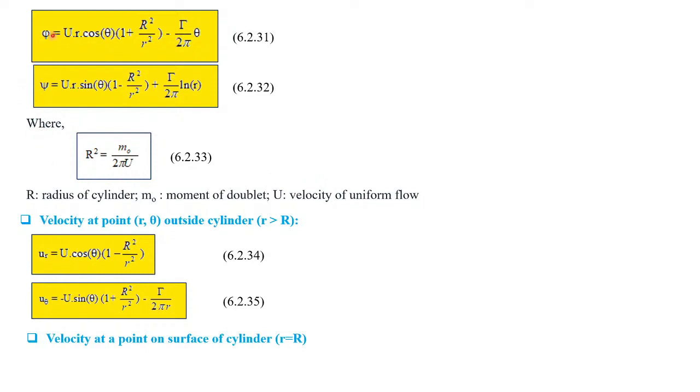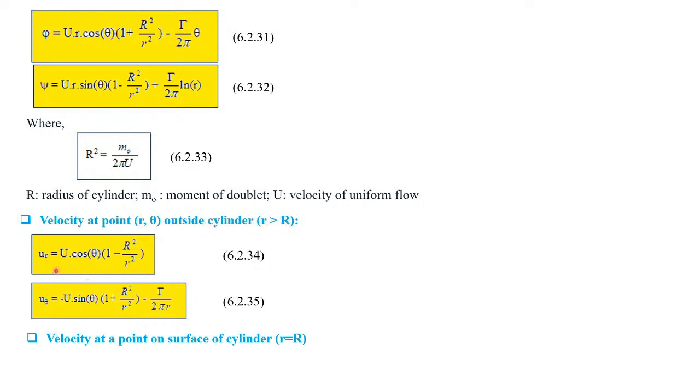You can find UR like this and U theta like this. This formula allows you to calculate the velocity at a point outside of a cylinder.